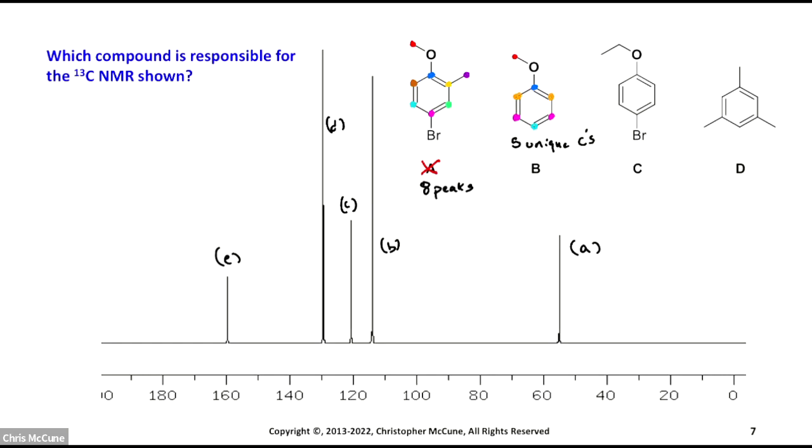So I should see 5 peaks. So this could be a possibility. Let's see what the other structures show us as well. And so let's go ahead and do the same thing for the other ones.